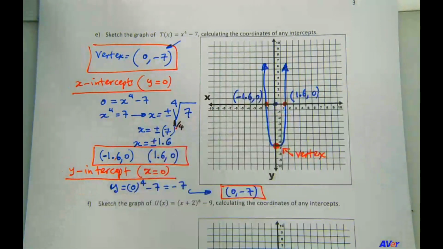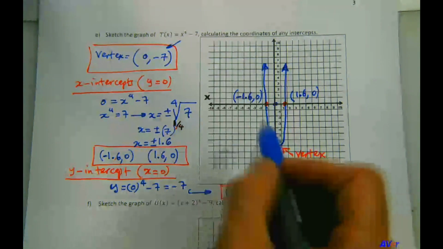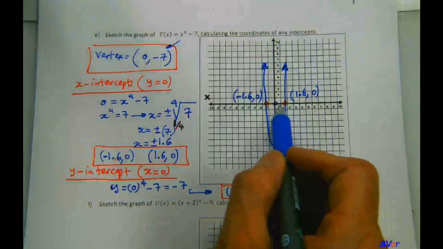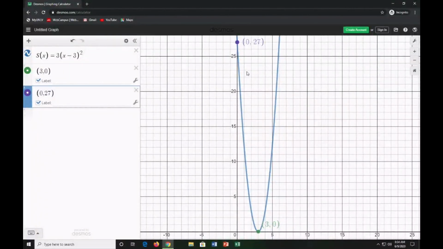But of course, when I go to the computer, I will enter 4th root of 7 and negative 4th root of 7 because the computer can plot those points exactly. And you'll see that it'll be somewhere between negative 1 and negative 2 and between positive 1 and positive 2. Okay, so let's go to the computer and plot this x to the 4th minus 7.